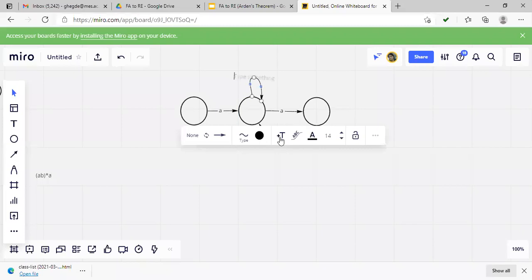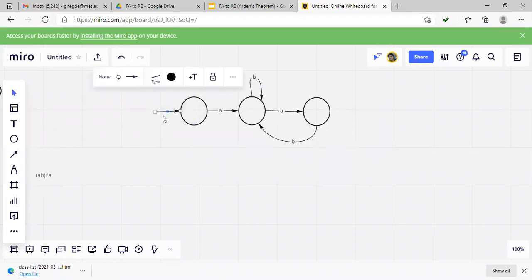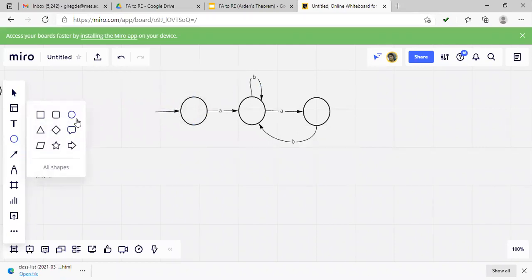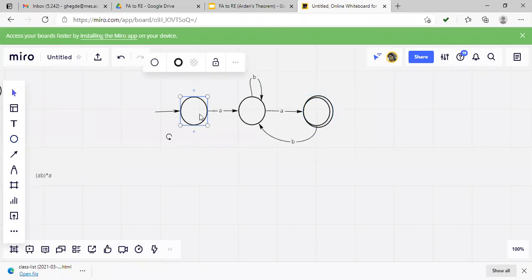Loop is B. Okay, and then the start state and the final state. So I'll name them 0, 1 and 2.